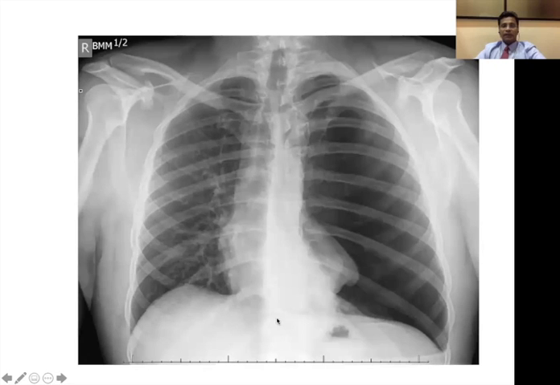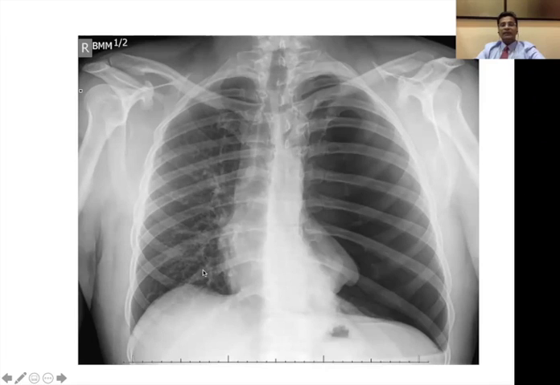This is a chest X-ray, the right lung and the left lung. If you look at these, compare these two lungs, one can see that left lung looks bigger than the right. Also, if you look at the rib spaces, you can see on the left side, rib spaces are wider.